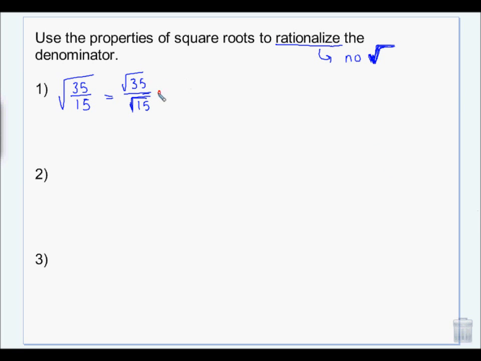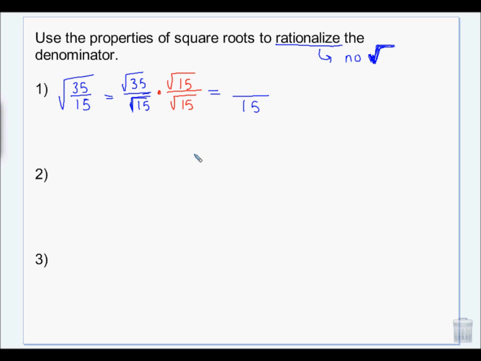Okay, so what you do to get rid of a square root, you square it. So whatever this is, you multiply the top and the bottom of the fraction by the same thing. In this case, we multiply by 1, so you know, anything divided by itself is 1, so we didn't change anything, but we get rid of the radical. So our denominator then simply becomes 15.